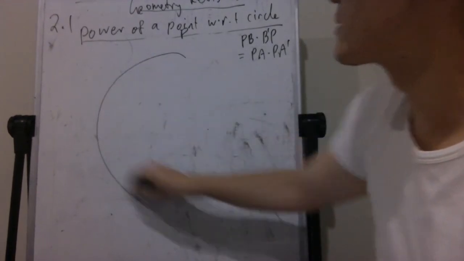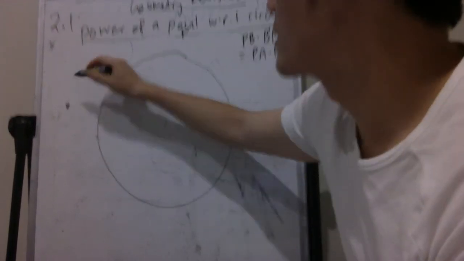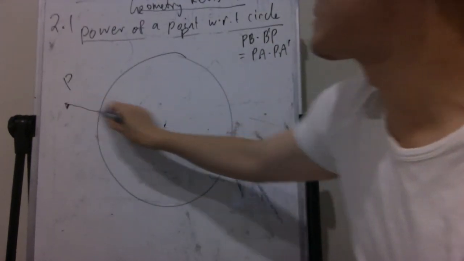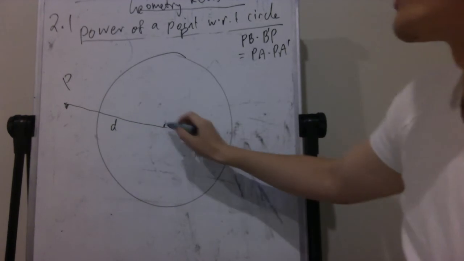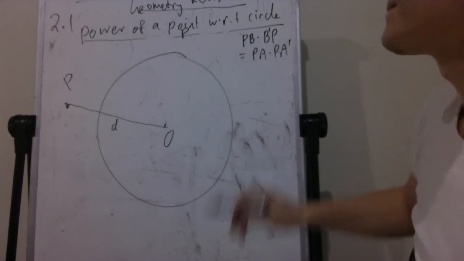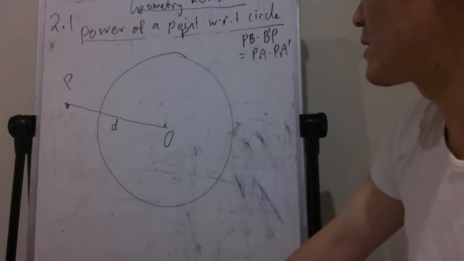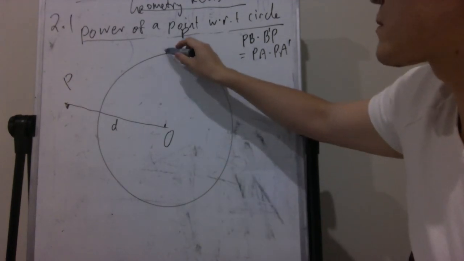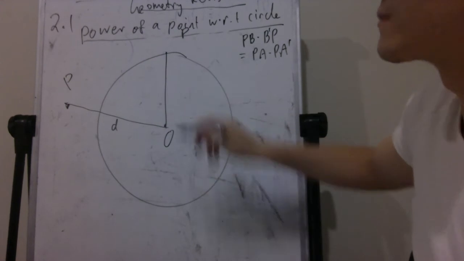So you can take a point P, and you can take its distance D from the center of the circle. And then I guess you can take the radius.